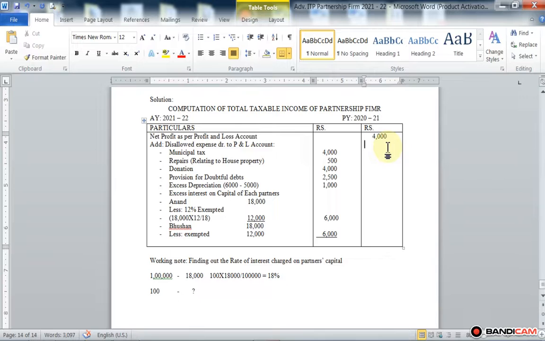So here the total of the inner column is rupees 22,000. Put this total on the outer column and add this 22,000 to net profit. So here we receive the amount, that is rupees 26,000. Got it?